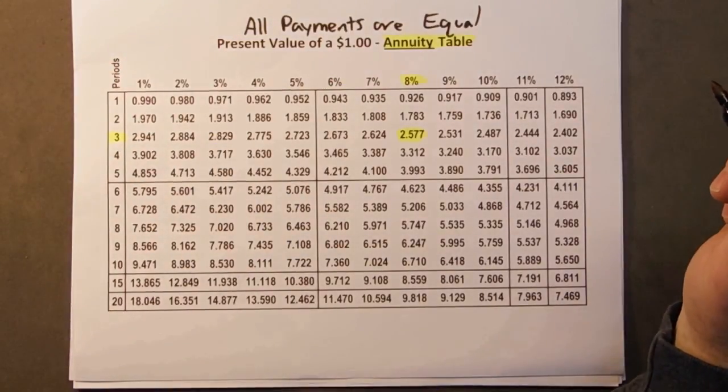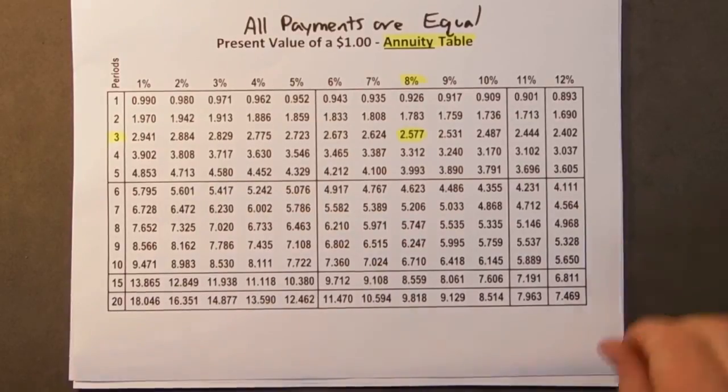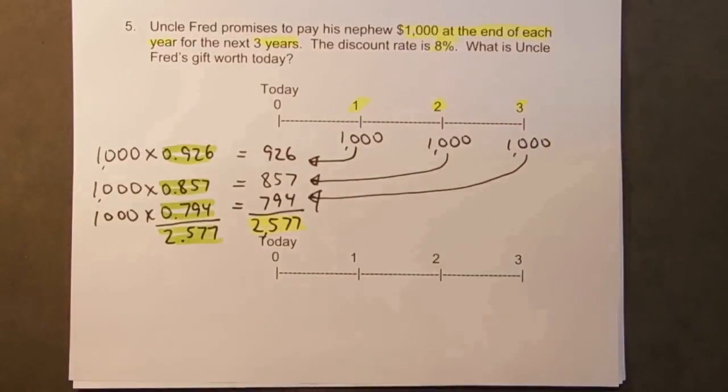So all the payments are equal, that's when you can use the annuity table. If the payments are not equal, you cannot use this table. You have to use a single payment table. So you only use this table when the payments are the same.